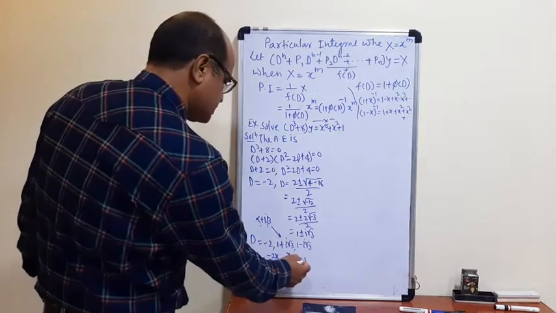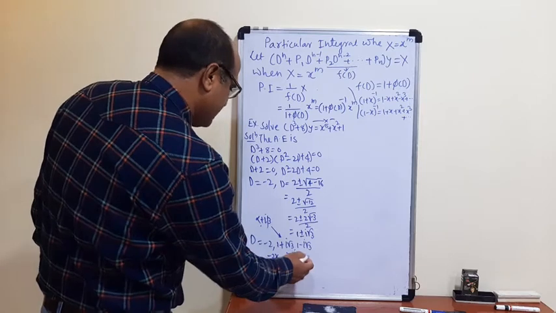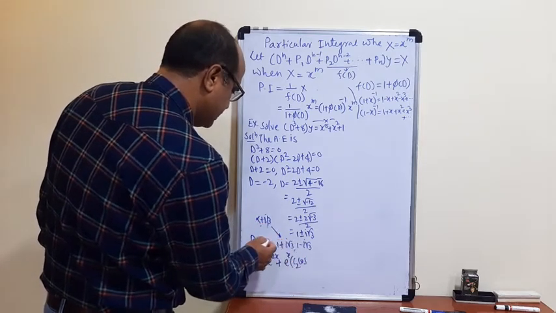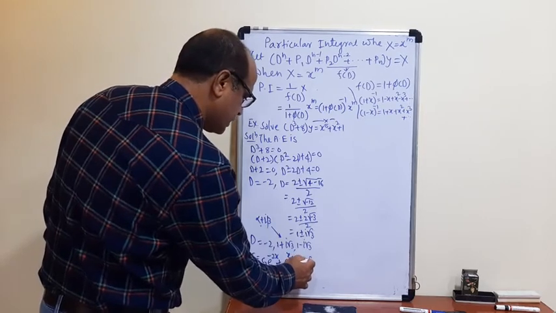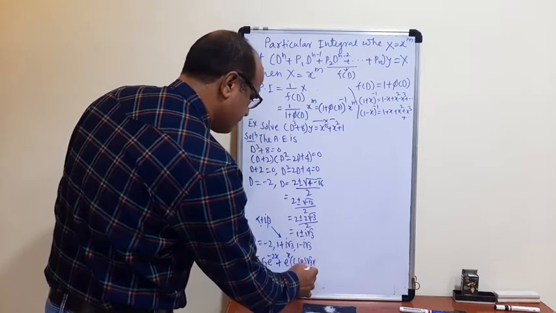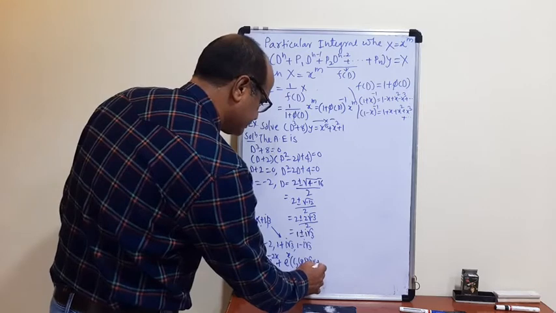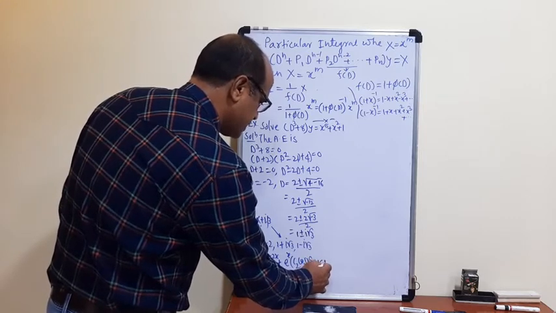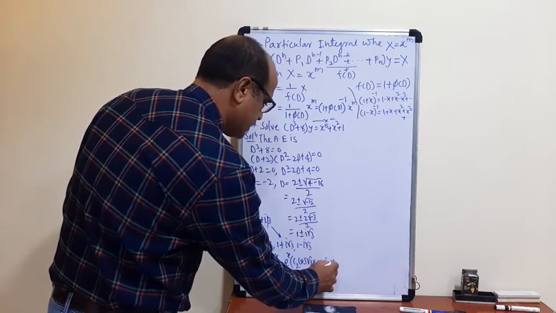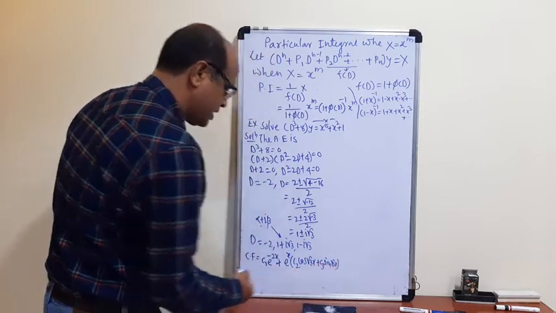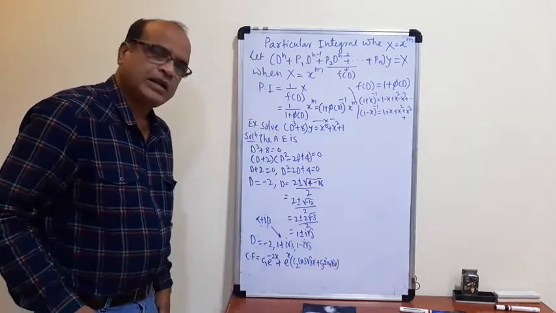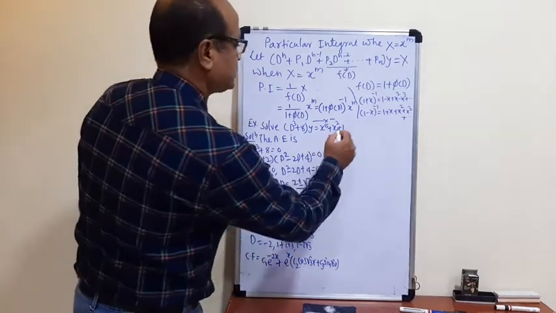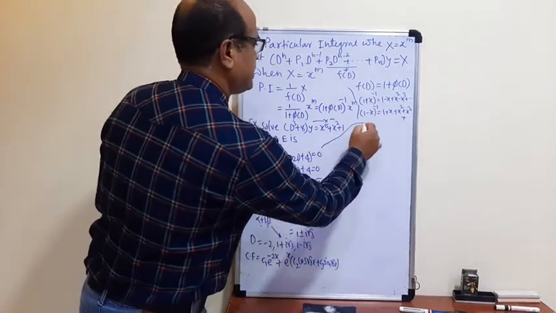Beta is root 3 and alpha is 1, so C2 cos root 3 x plus C3 sin root 3 x. So this is the complementary function. Now what is the particular integral? The particular integral PI is equal to, okay, the next part.